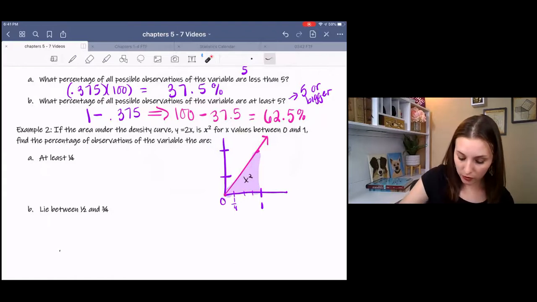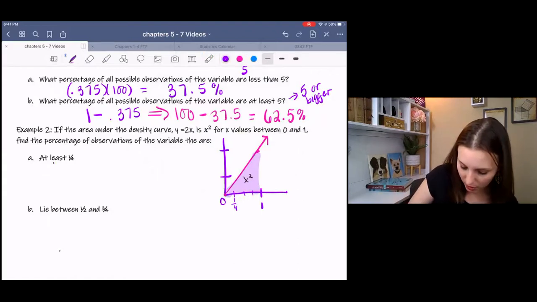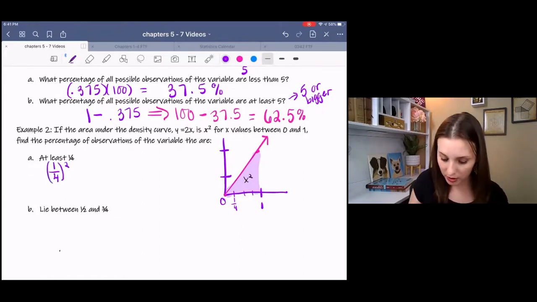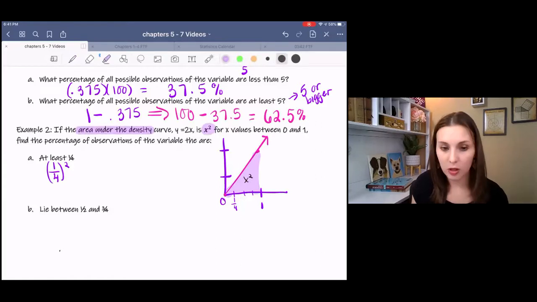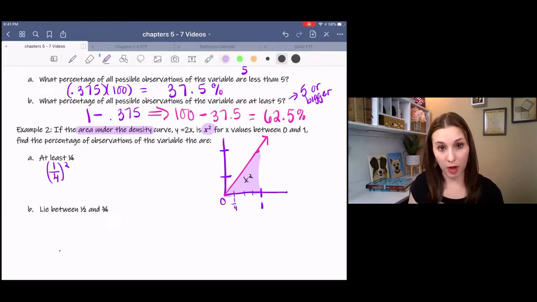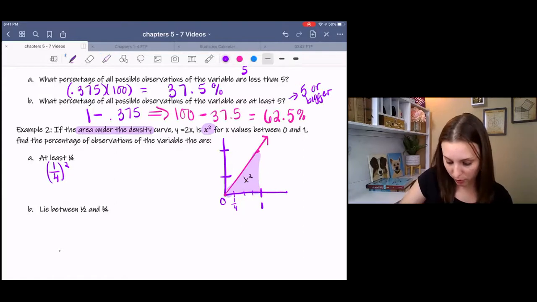So we're going to first find that by using x squared, since x squared represents the area under the curve. We're going to use that formula to help us find at a fourth what it is.